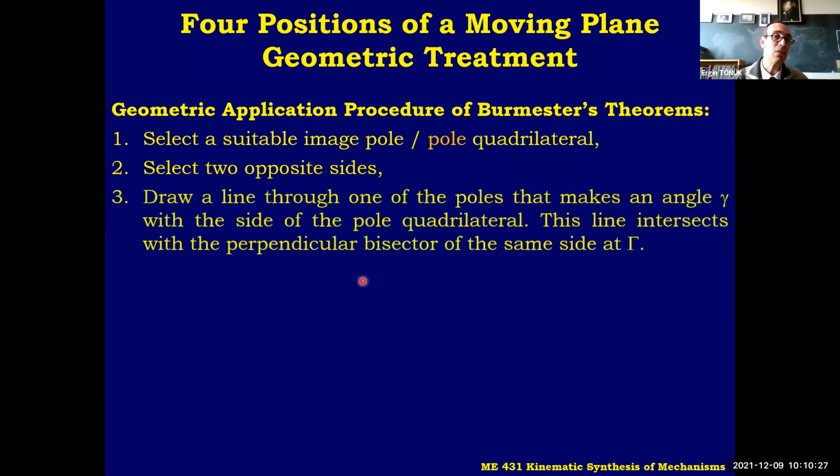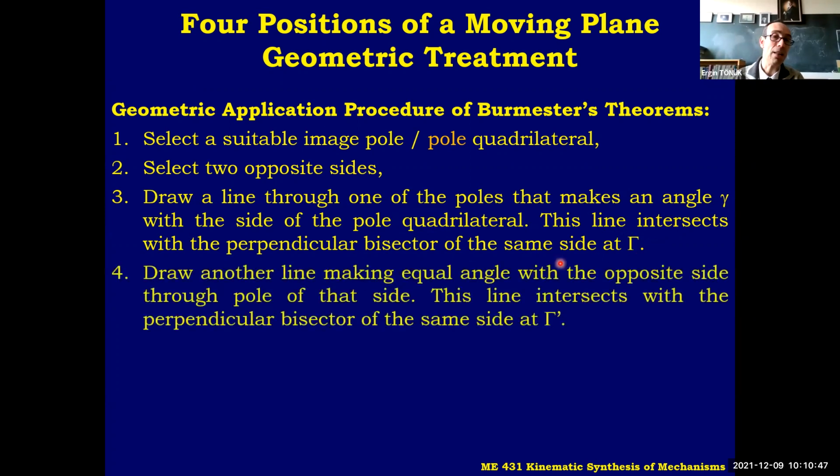Then it says, draw a line through one of the poles that makes an arbitrary angle gamma with the side of the pole quadrilateral. This line intersects with the perpendicular bisector of the same side at a point called capital gamma. Draw another line making equal angle with the opposite side through the pole of that side.